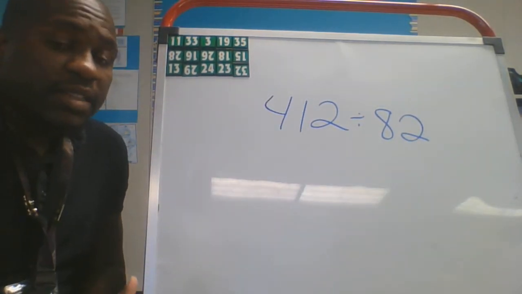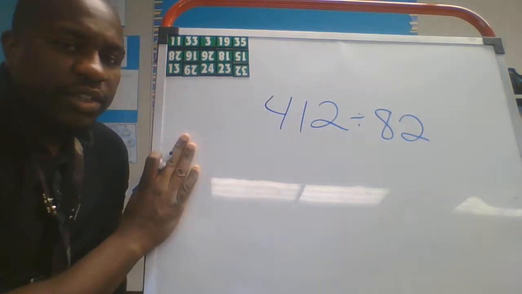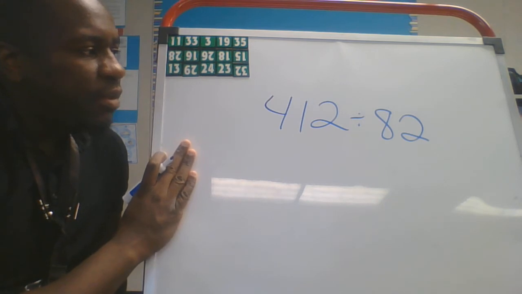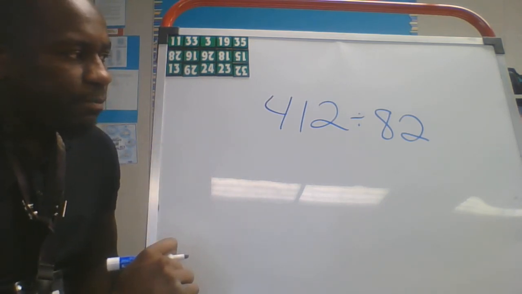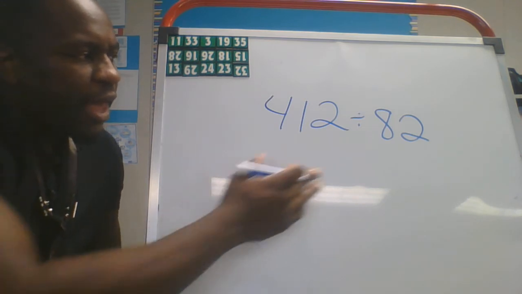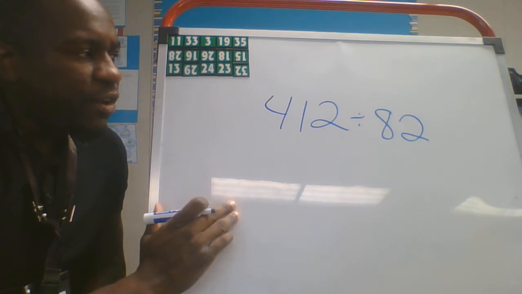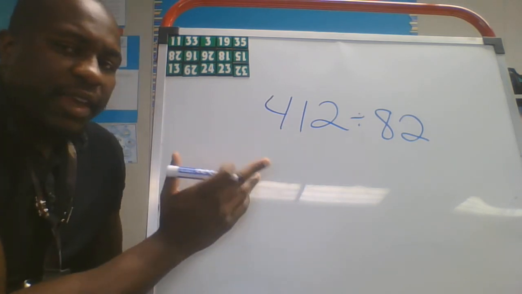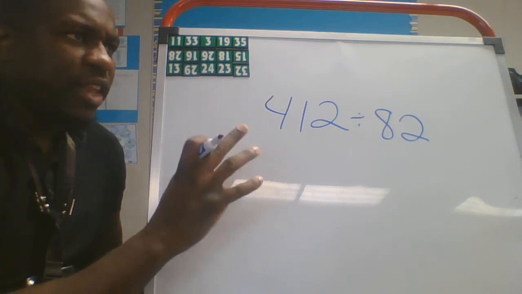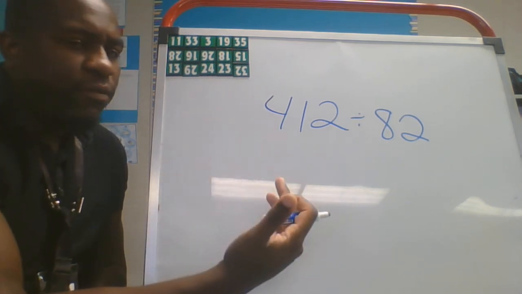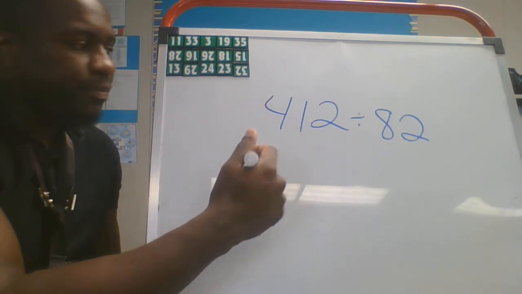I think the easiest way is to look at the first two digits in each number and see what kind of relationship you can find between them. For example, I know that if I multiply 8 by 5, I can get 40. So I'm going to see if I round these numbers, if I can get some kind of approximation that's close to 8 and 40 or 480 or some multiple of that.